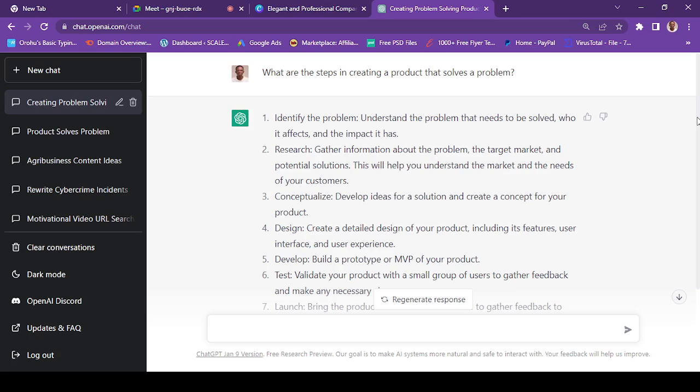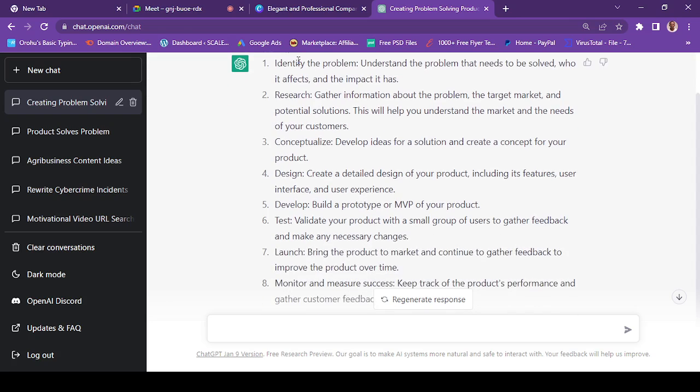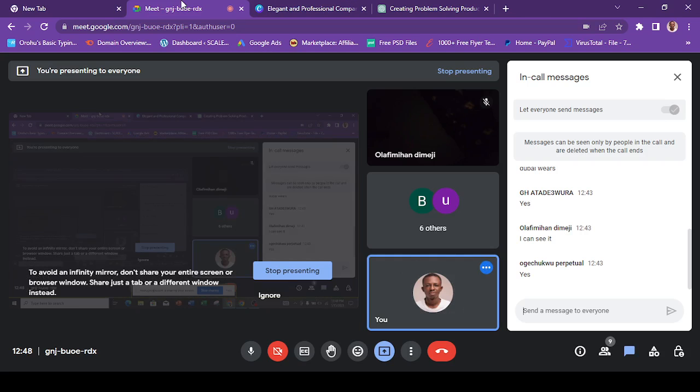The fourth one is designing or creating a detailed design for your product, which includes the features, the user interface, and user experience, and the rest. Can you see that this AI is helping me a lot with detailed information about steps in creating a product that solves a problem?